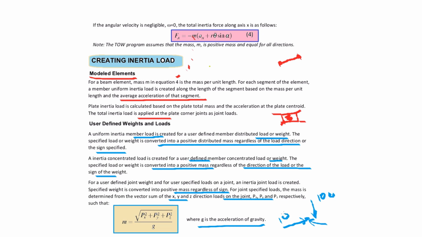What it would do is convert that to mass as the square root of 10 squared plus 10 squared plus 10 squared, divided by g. G is 9.81. So from kilonewton you need to convert to newton, then from newton you divide by g, then you will get the kilogram. Then if you divide by 1000 you will get the tons.